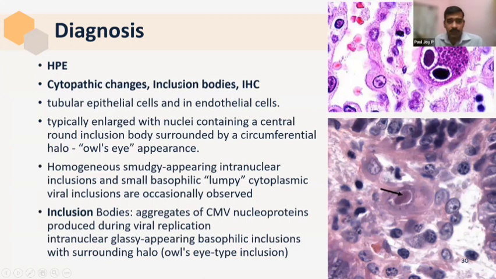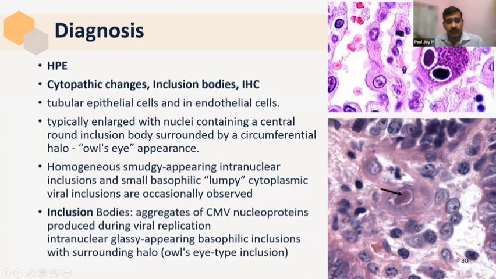And in histopathology, the characteristic features are cytopathic changes and inclusion bodies, and further IHC test can be done to confirm the presence of CMV antigen. The virus has a predilection to tubular epithelial cells and to endothelial cells.